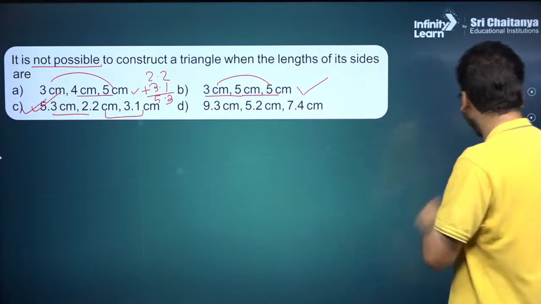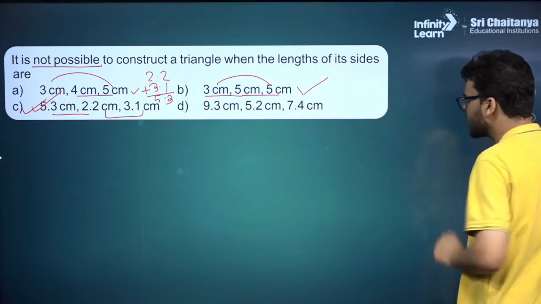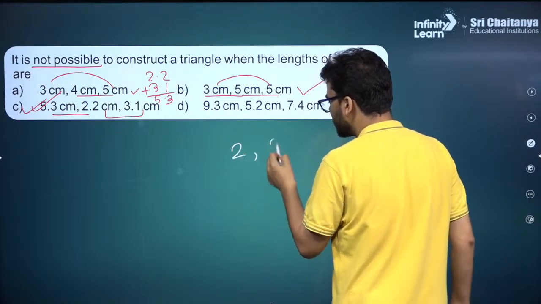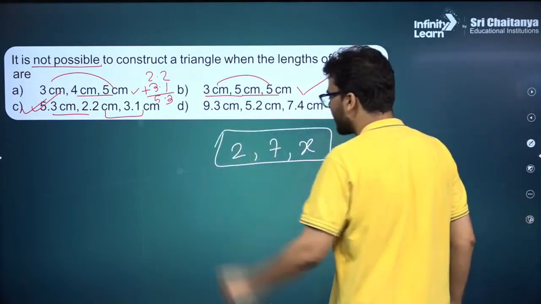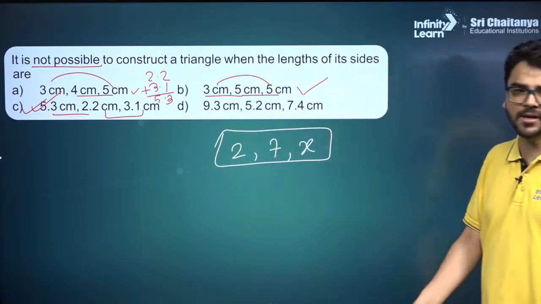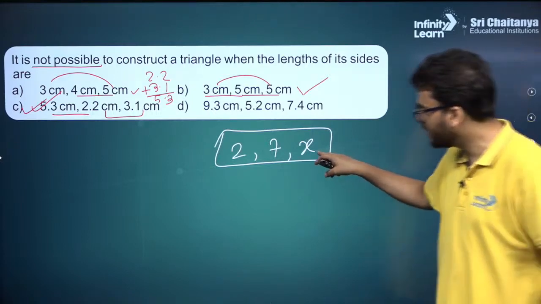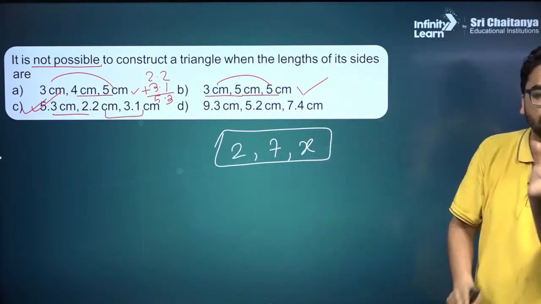Okay, now I'm giving a very simple question. Suppose the lengths of the sides of a triangle are 2, 7 and x centimeters or units. What is the range of values of the length of the third side? It means the third side will lie in which category?